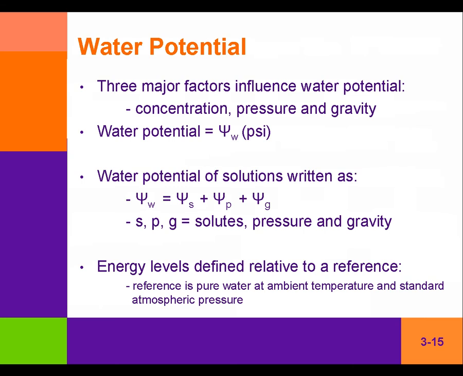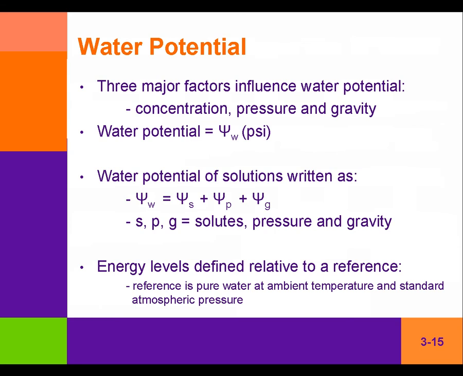So we've talked about the effect of gravity, and that's easy for us to understand. As we lift it up, it increases in gravitational energy or gravitational potential, but other things act on it as well. The concentration of solutes, known as the solute potential. There is also the potential added to it from pressure.